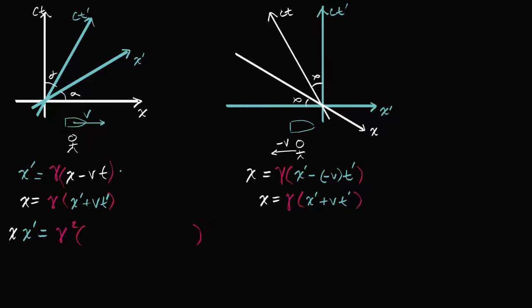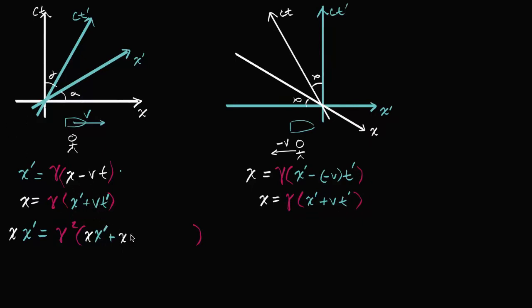And so just really applying the distributive property twice, x times x prime, and then x times positive vt. Whoops, that prime doesn't look like a prime. X times x prime plus x times positive vt prime, I should say.